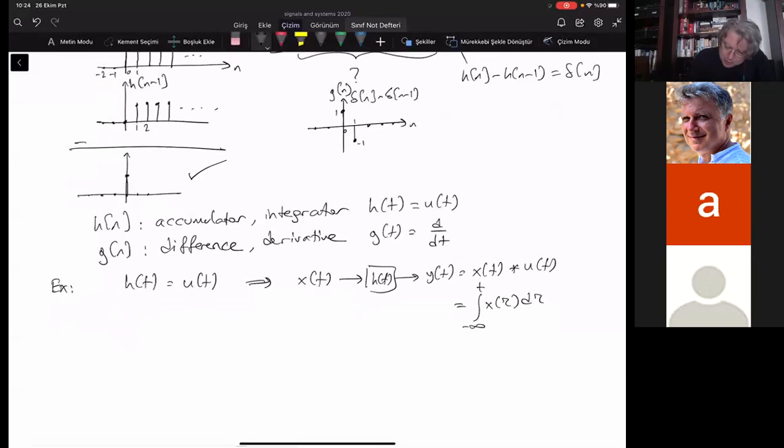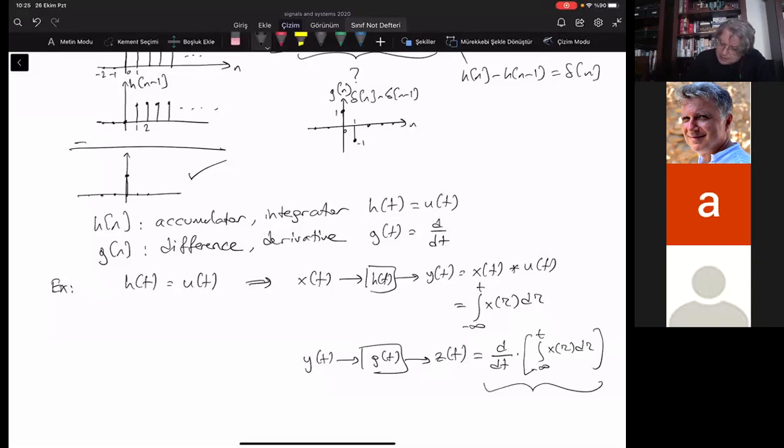And the inverse of this operation is y(t) going into g(t) to obtain again x(t). So z(t) will be the same as x(t), equal to d/dt of the integral from minus infinity to t of x(tau) d tau, and this is equal to x(t).